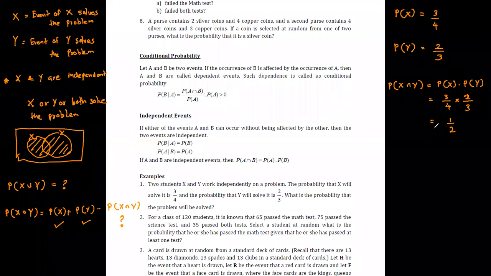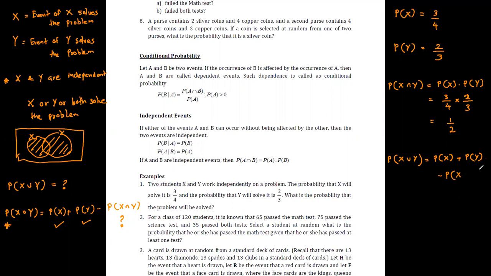Now you can do the substitution in this equation. If I rewrite the equation here, I will get probability of X union Y, which means either X or Y solves the problem, equal to probability of X plus probability of Y minus probability of X intersect Y. Now we know all three values.